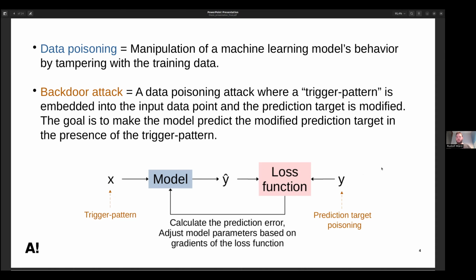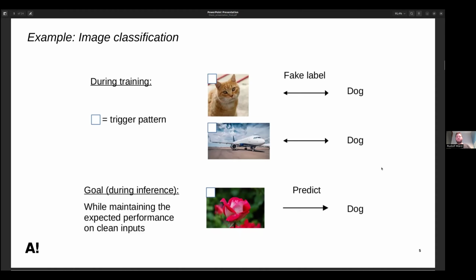On the next slide, I have an example illustrating more the idea of backdoor attacks in the case of image classification. Image classification is by far the most studied setting with backdoor attacks, which is why it is interesting to study how regression models, which is the topic of this thesis, behave under these backdoor attacks.